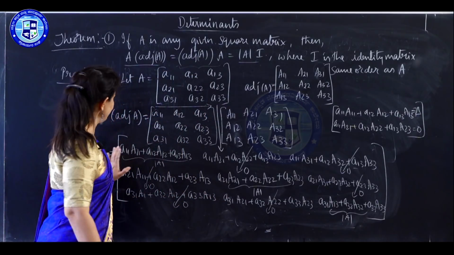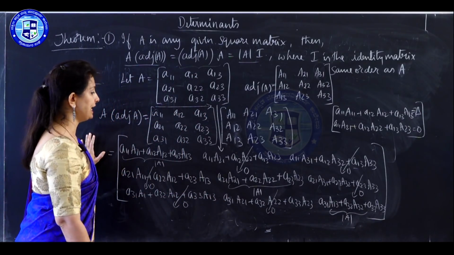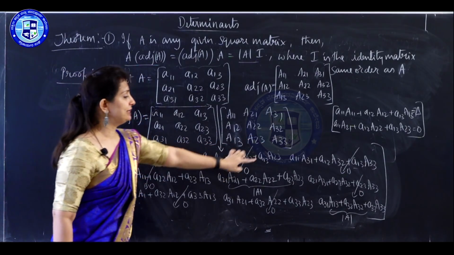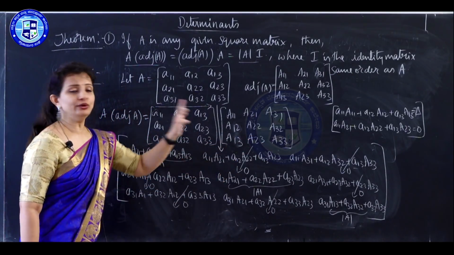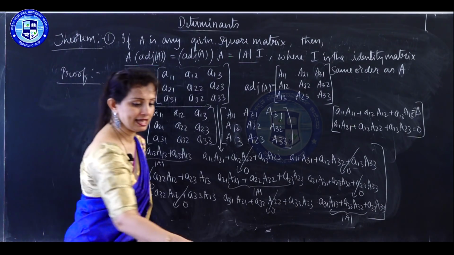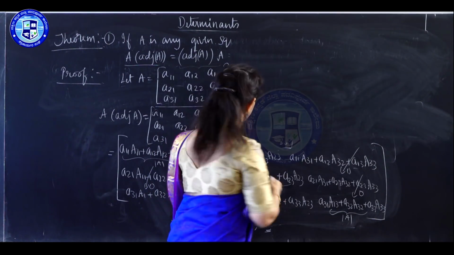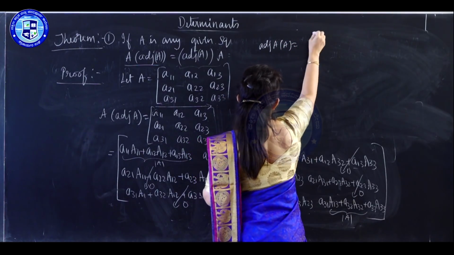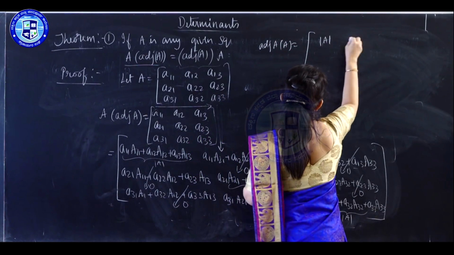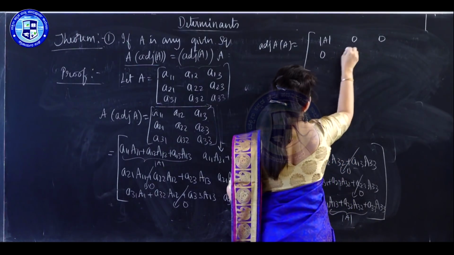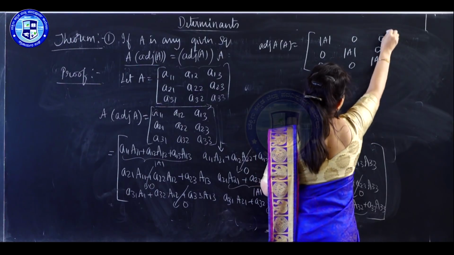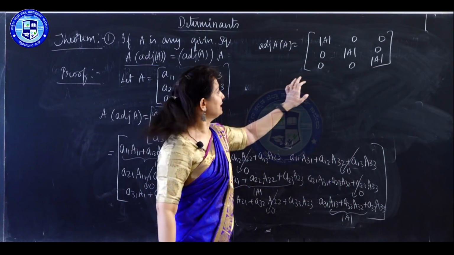Okay. So, here we have A into adjoint A, which is equal to the matrix with determinant A, 0, 0, 0, determinant A, 0, 0, 0, determinant A. Look at this.